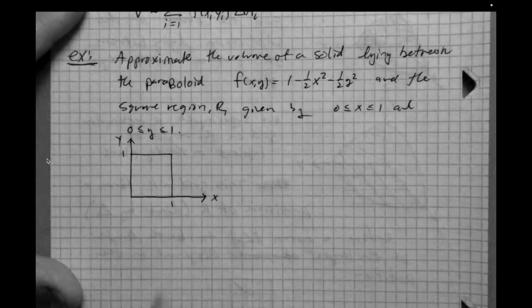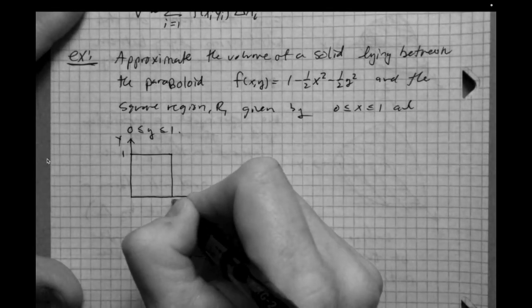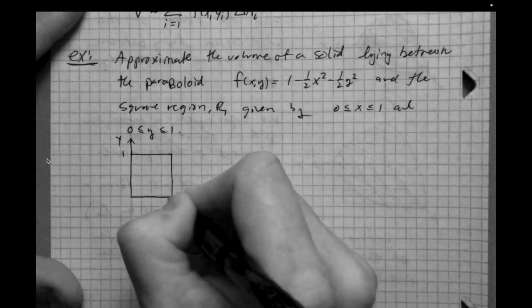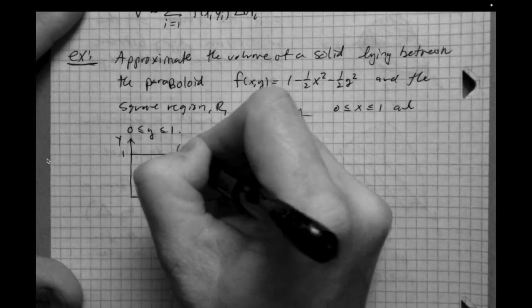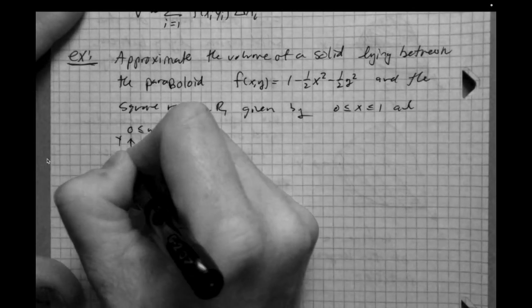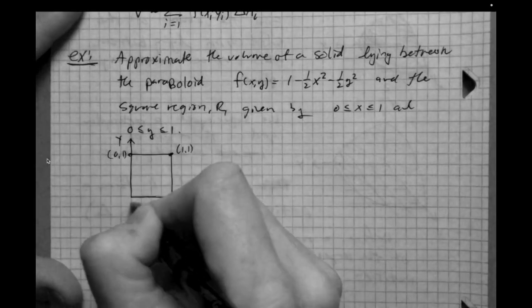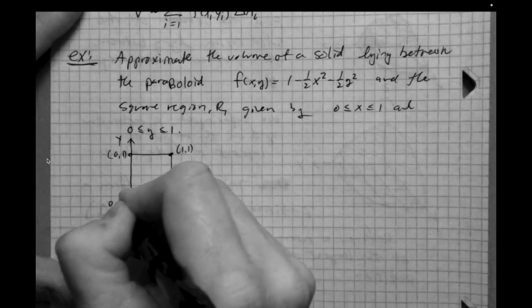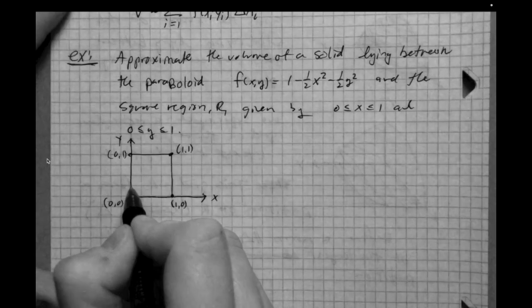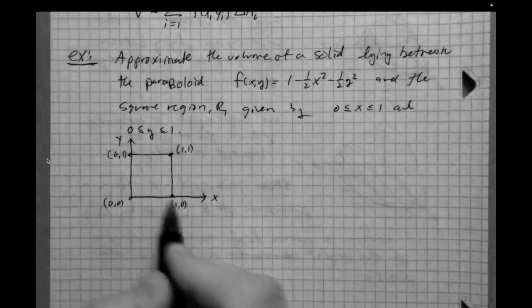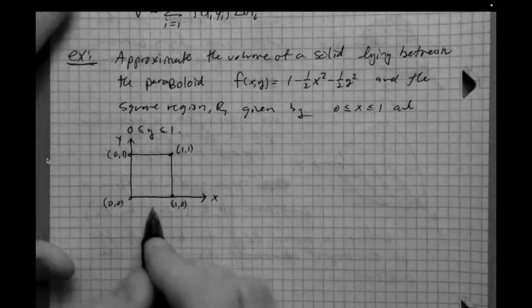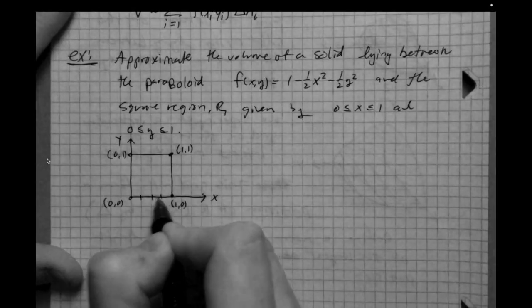Okay, and so over here, I guess we'll label the points. This would be 1, 0. Up here, this would be 1, 1. This over here would be 0, 1. And then, of course, you've got the origin here. If this is 1 unit, then each of these is a 1/4, right?